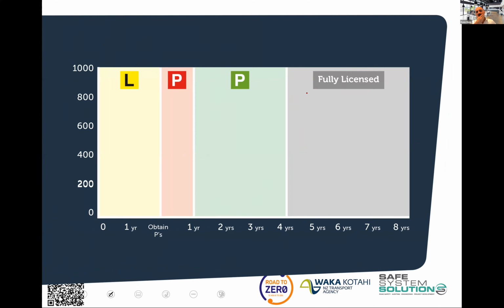But here's a little diagram that I think is just fascinating and dispels any myths that it's all about the skills of drivers, because this is crash numbers over this side, but you can do the same, and it has been done with crash rates, right? And learner drivers being people who have no experience and they've got a supervising driver, they have very low crash numbers, very low crash rates. As soon as they're out there by themselves, the crash and the crash rates go off the charts.